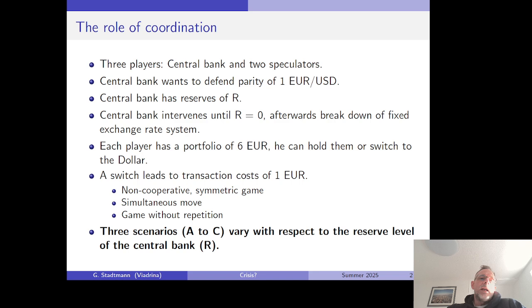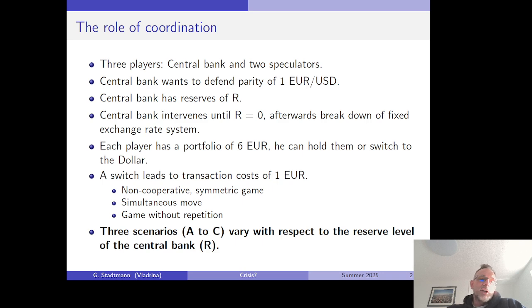The central bank has reserves of R. So we are looking at it from a European perspective, and the central bank which is acting might be the ECB. The ECB has foreign exchange reserves like US dollars. The central bank intervenes until the reserves are equal to zero.